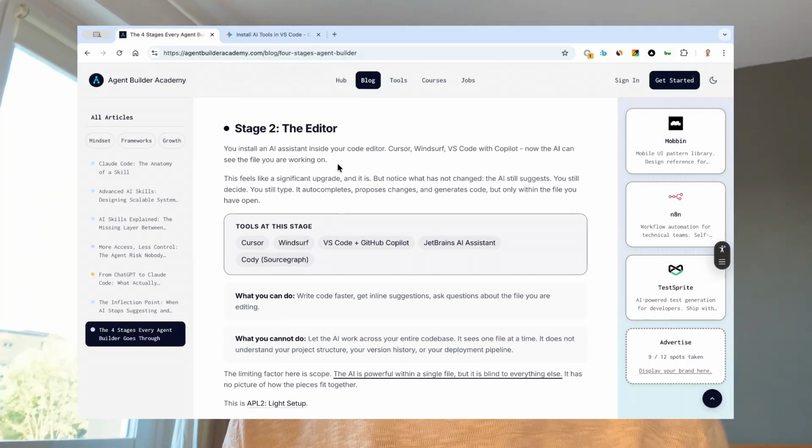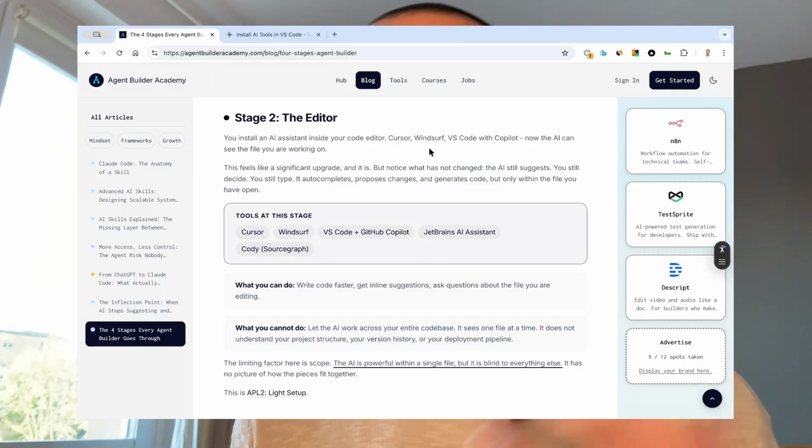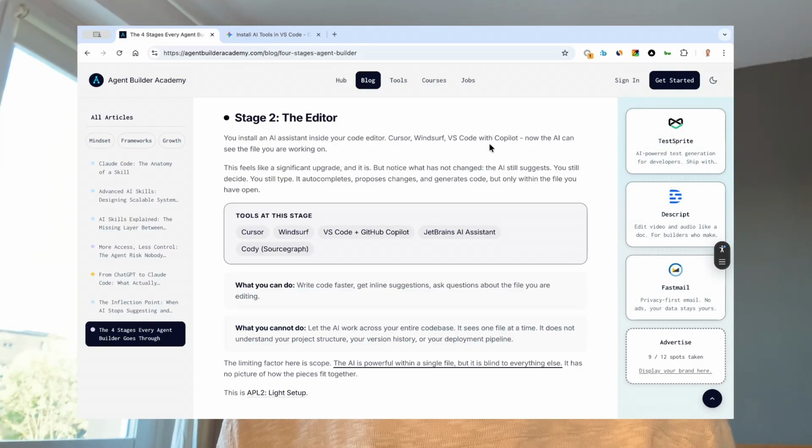The editor is basically something like, for example, an AI assistant inside your code editor. So you do have, for example, VS Code with Copilot. You're working on code, and Copilot is there, and it's helping you to understand your code and your project, or to solve specific questions related to specific parts of your code.